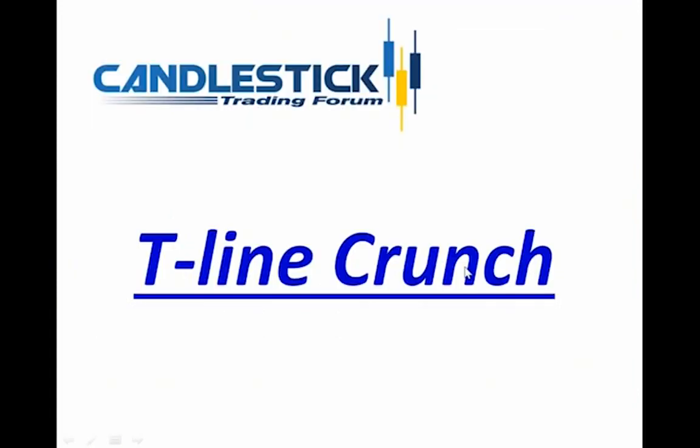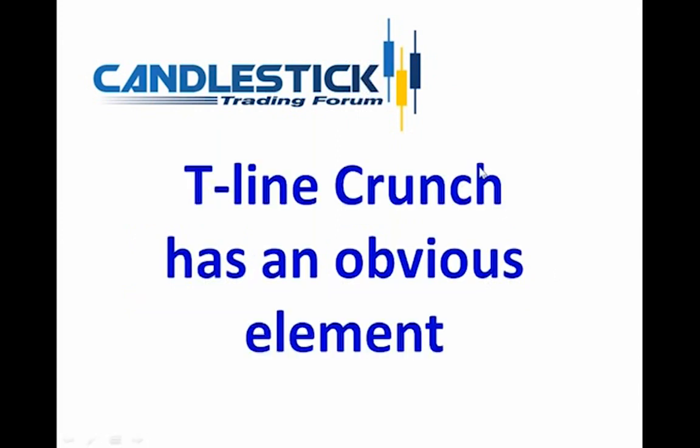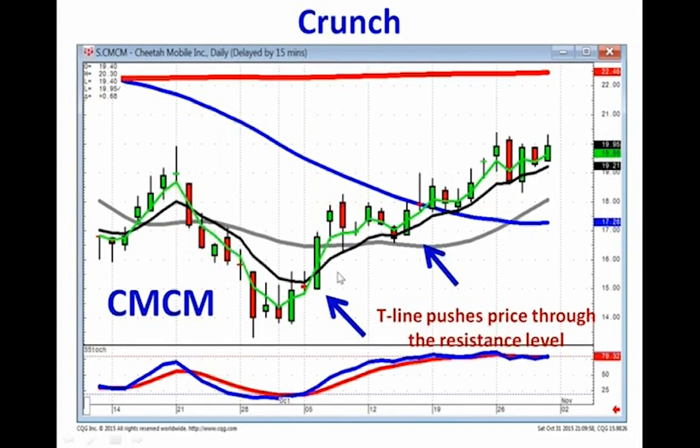So the difference between a bobble and what we call the T-line crunch is that the T-line crunch has an obvious element to it. It didn't hit a resistance level. Once we saw the buy signal, here's our bullish engulfing signal after inverted hammers in the oversold area. We have a close above the T-line. We can be buying. How long do we stay long? As long as we don't see a sell signal and a close back below the T-line.